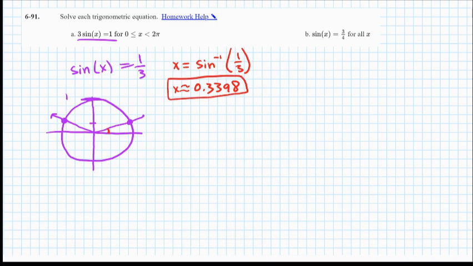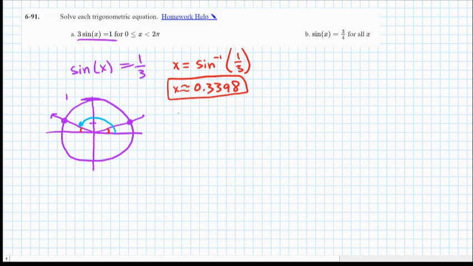And when I'm trying to find my other angle, because this is my first answer, but as we said before, there's two. What I want to do here is subtract my little red angle there from pi, because this whole half circle is pi. So let's go in blue here.